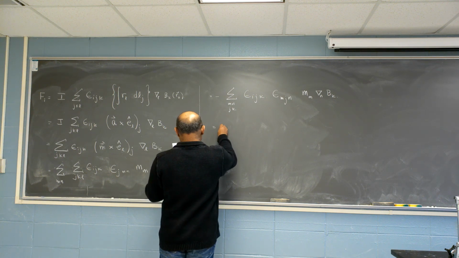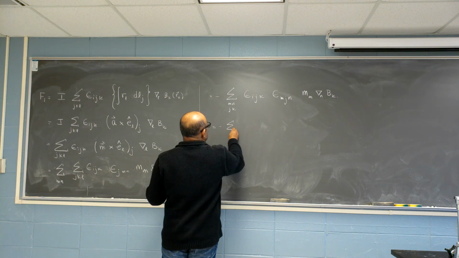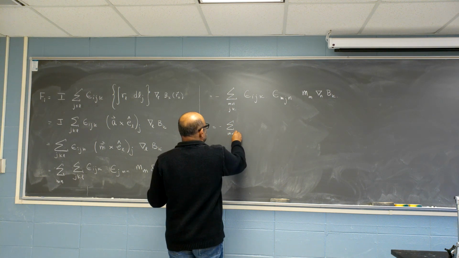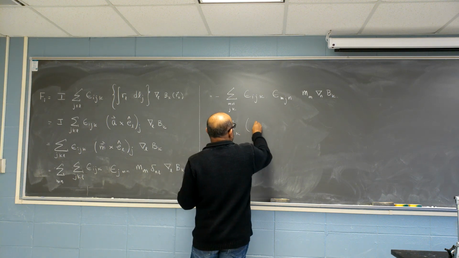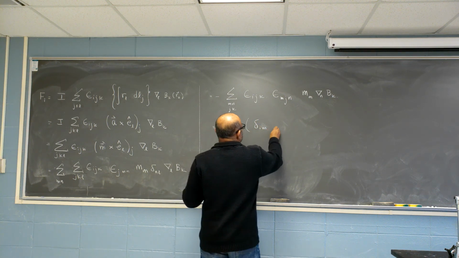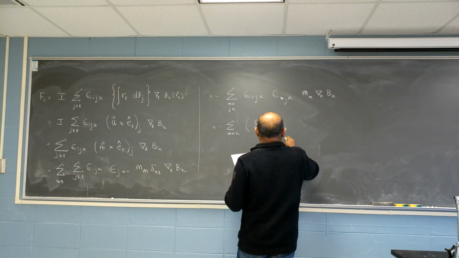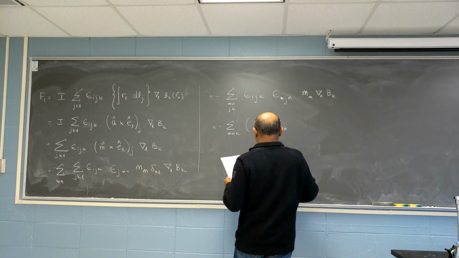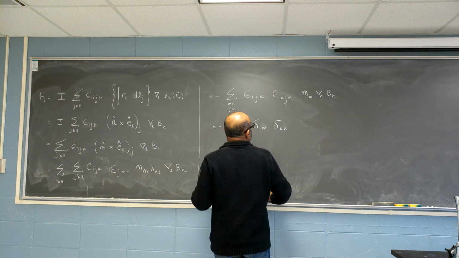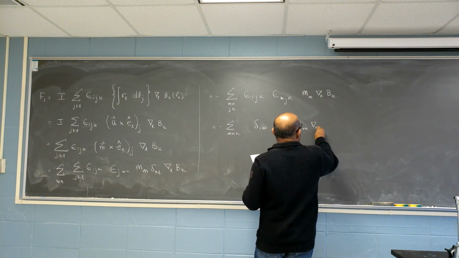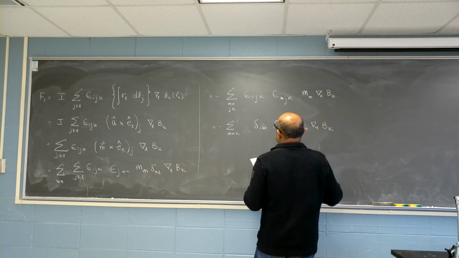So I have minus, I would have M, N, K, delta I M, delta K N. I'll write it as two different terms. M, delta N, dk.